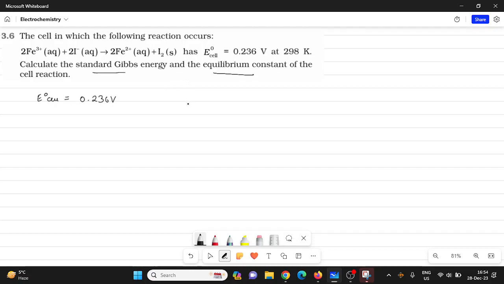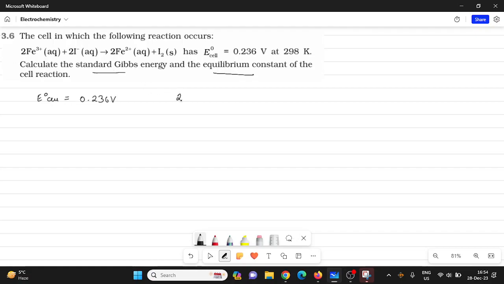I- is undergoing oxidation, and Fe3+ is undergoing reduction.